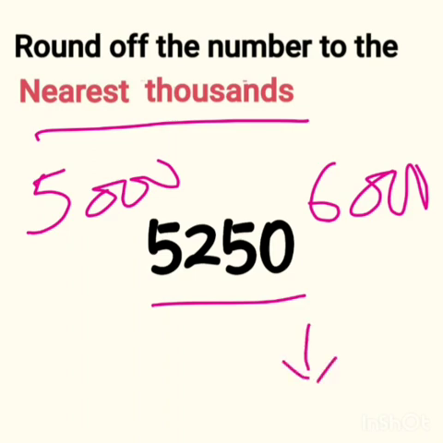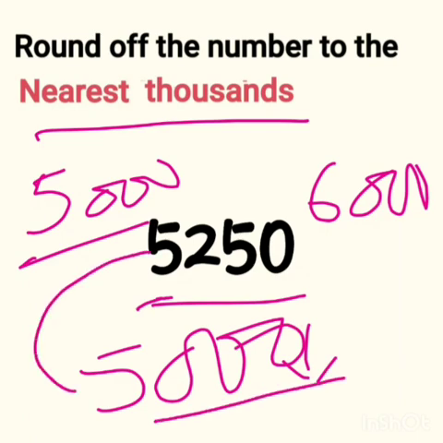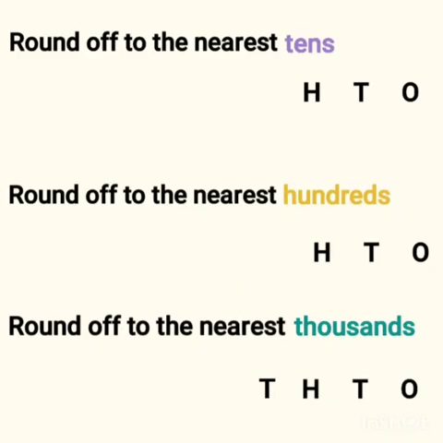So I will round it off to 5000, that is the thousand digit, which is 5, right? So the digits to the right become 0. So this becomes 5000.